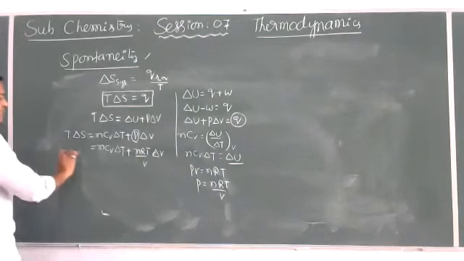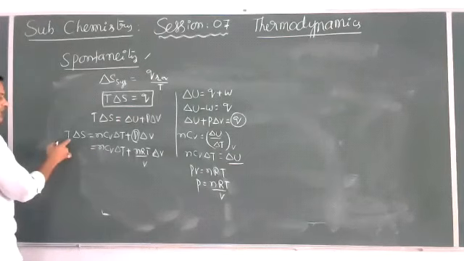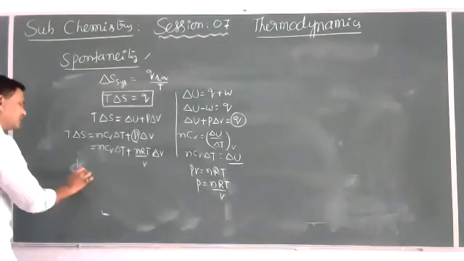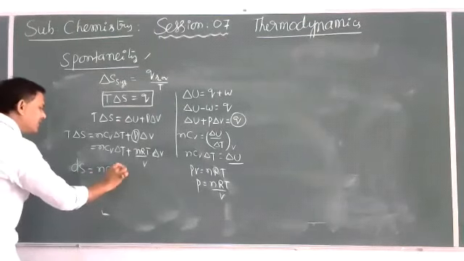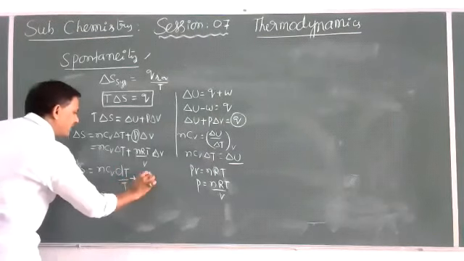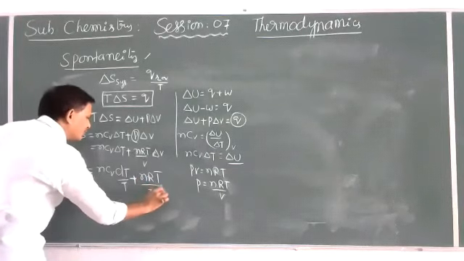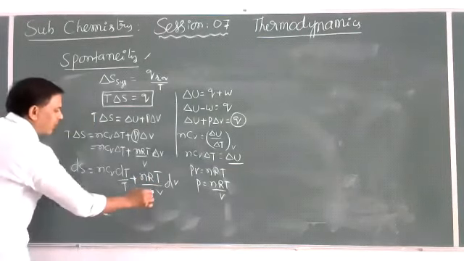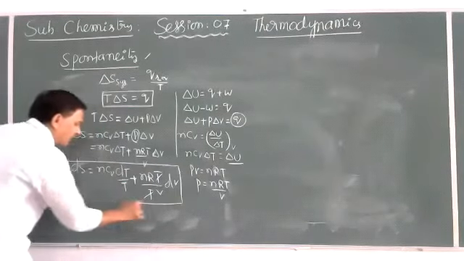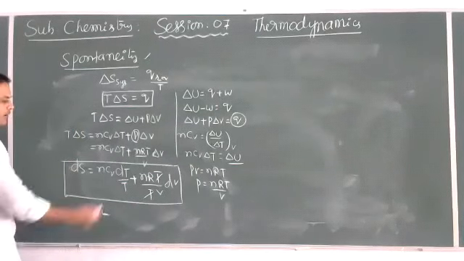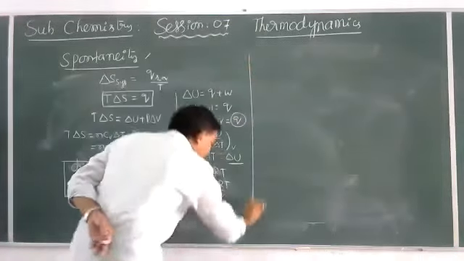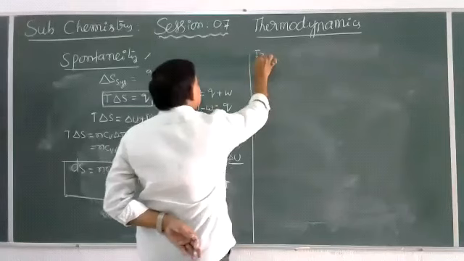Now dividing throughout by temperature T, delta S or dS is equal to nCV dT divided by T plus nRT divided by T into V dV. Now T gets cancelled. So integrating this equation with respect to the corresponding terms, temperature and volume, we get an important simple derivation.